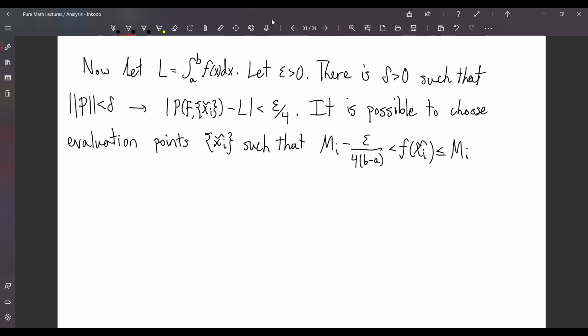But we can choose it such that it is greater than m sub i minus epsilon over 4 times b minus a. So b minus a is a positive quantity, so this quantity here is smaller than m sub i. But the idea is that we are choosing xi such that f of xi is pretty close to m sub i.